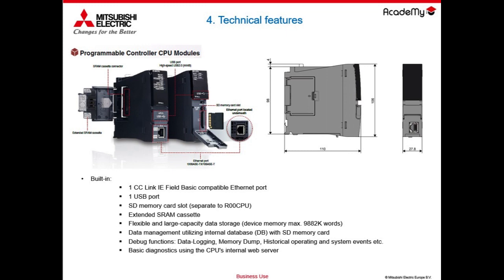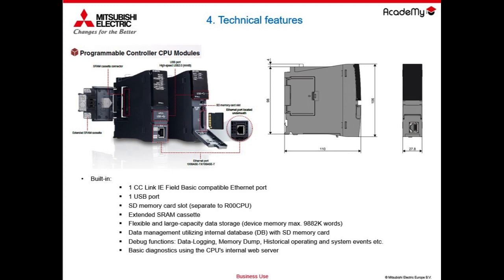Remember to open the port and connect the battery through a specific connector. I was also mentioning the SD card; apart from the R00, it is available from the R04.